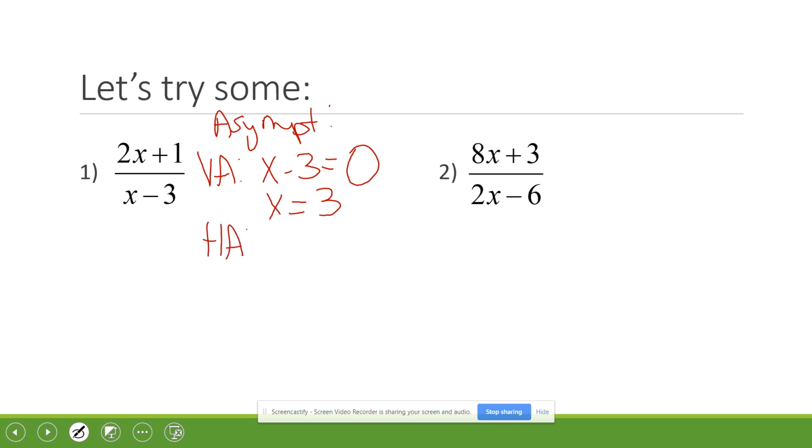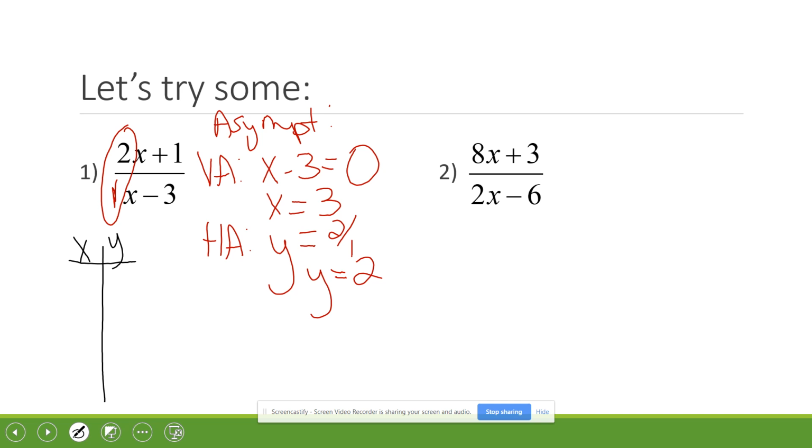The horizontal asymptote, we have A and C. This is a 1 here. So y is equal to 2 over 1. I can divide 2 by 1 and I get 2. So my vertical asymptote is x is equal to 3. My horizontal asymptote is y is equal to 2.